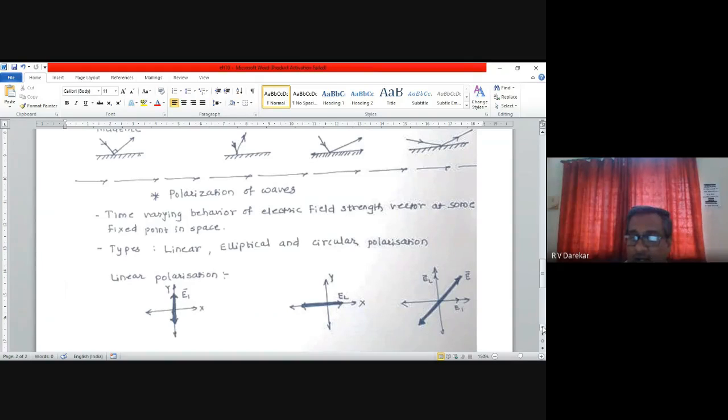Generally that plane is a horizontal plane. That can be considered a similar concept to polarization of waves.